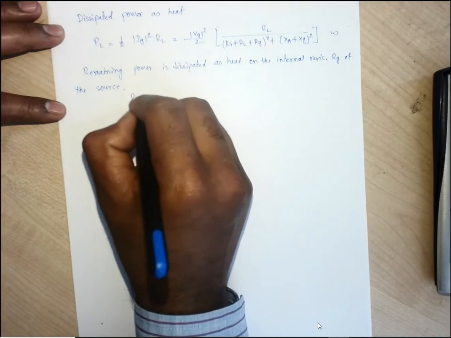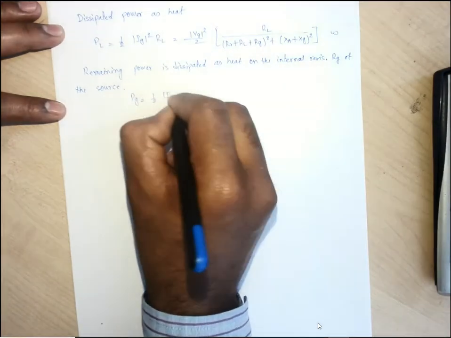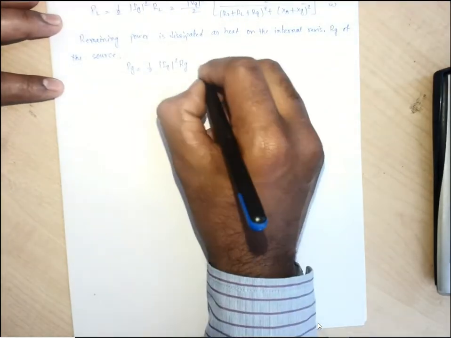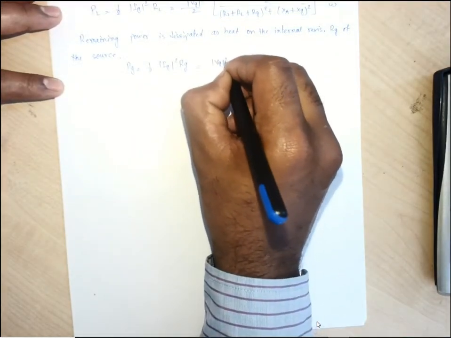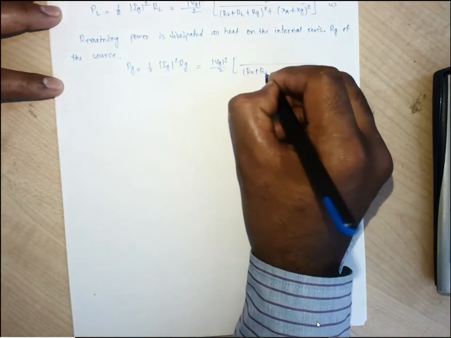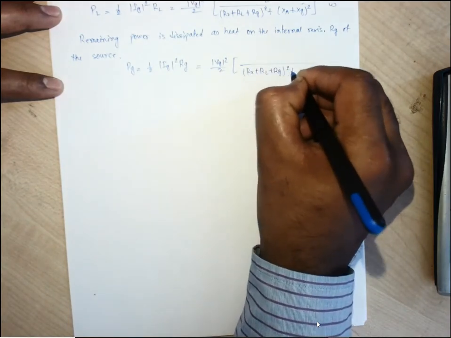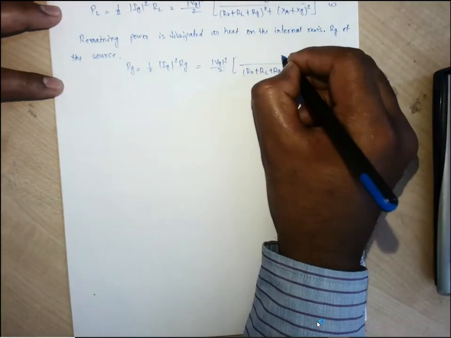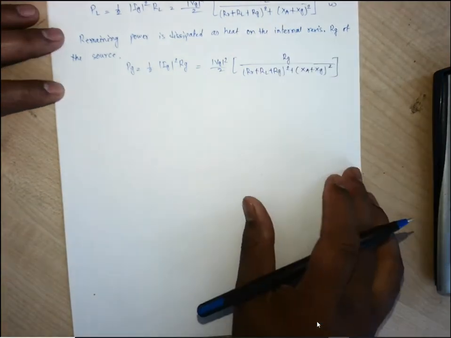That is Pg is equal to half Ig square into Rg, that is Vg square by 2 into Rg by RR plus RL plus Rg whole square plus Xa plus Xg whole square.